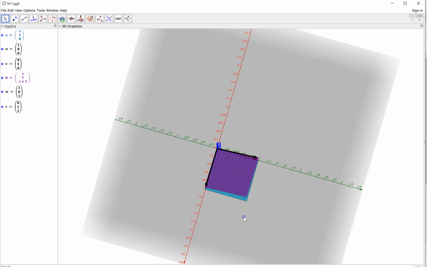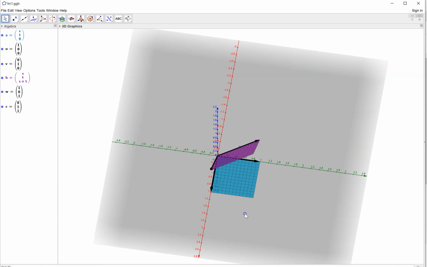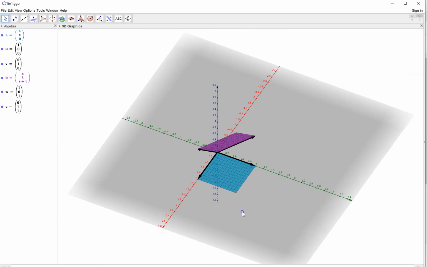Okay, so when we're doing a linear transformation, it might rotate it. It might turn it, but it won't twist it. Notice I don't have a bent shape here, right? This purple thing is a nice flat shape. It's not bent. It's not looking like some sort of paraboloid, having parabola cross sections or something that's bent, right? It's still flat. I started with a flat thing. I ended with a flat thing.